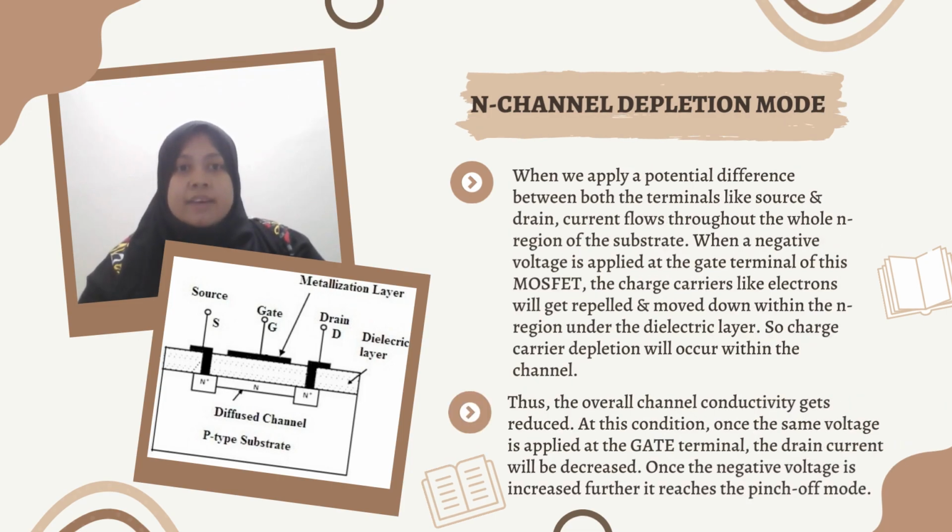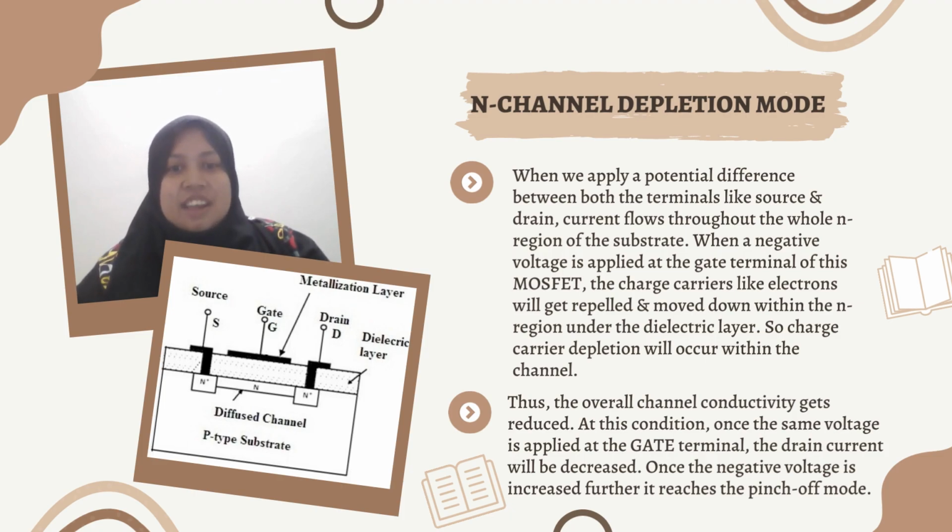When we apply a potential difference between both terminals, source and drain, current flows throughout the whole N region of the substrate. When a negative voltage is applied at the gate terminal of this MOSFET, the charge carriers like electrons will get repelled and move down within a region under the dielectric layer.